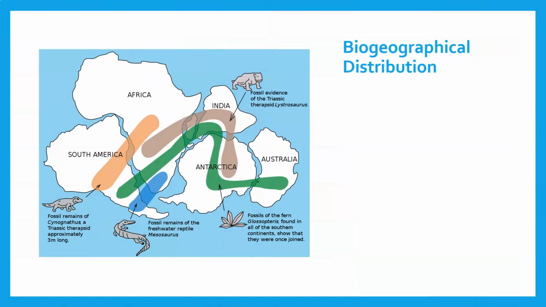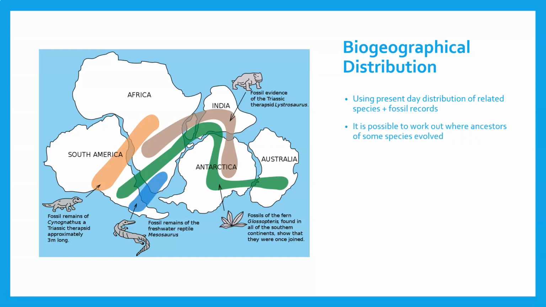Biogeographical distribution is also something that shows evidence of evolution. Using the present day distribution of related species and fossil records, it's possible to work out where ancestors of some species evolved. Similar species can be traced to a place of origin.